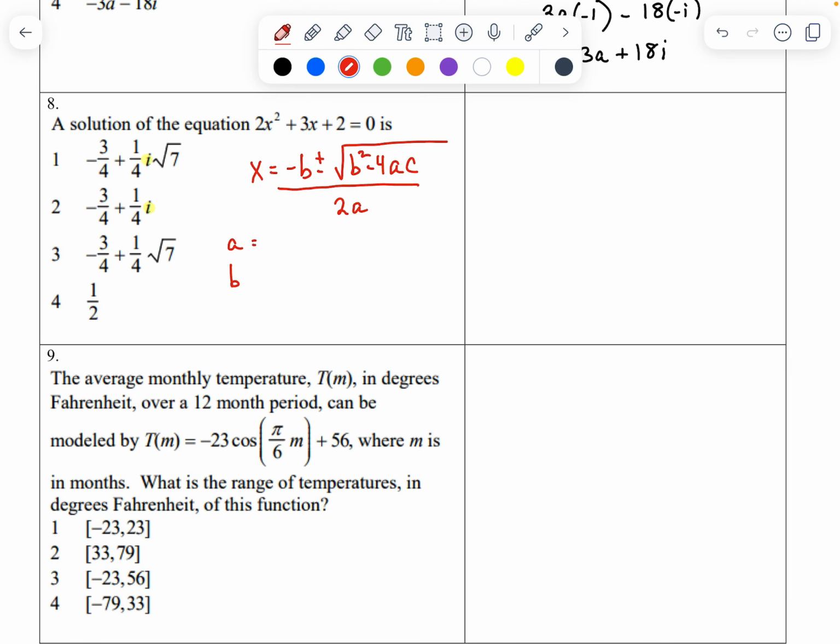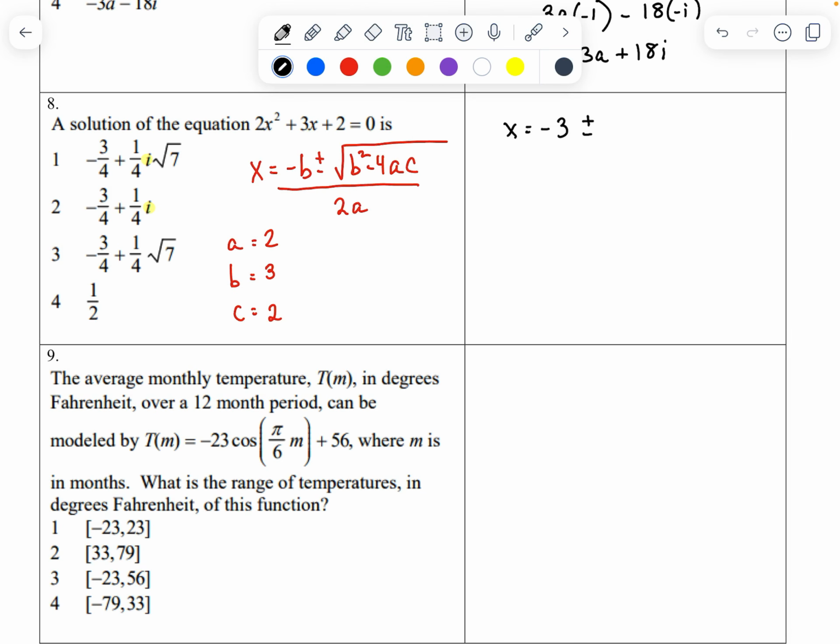And a, b, and c are going to be the numbers in front of x squared, x, and the last number. But be very careful, because if there's a minus sign, that counts as a negative, which in this case, there is none. So I'm going to set this up.